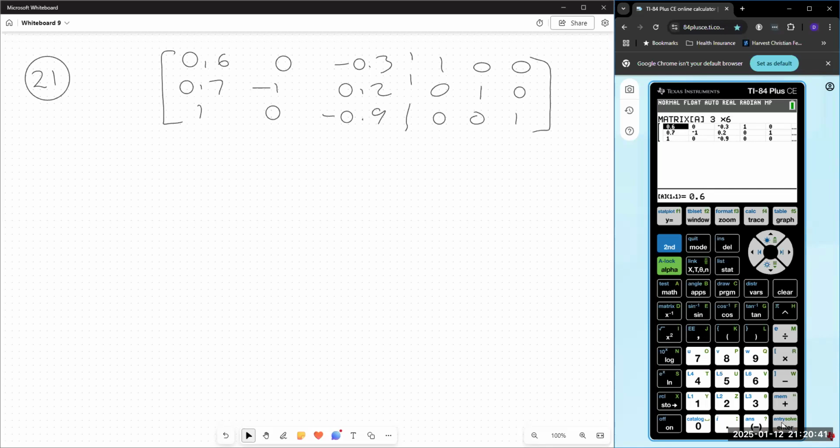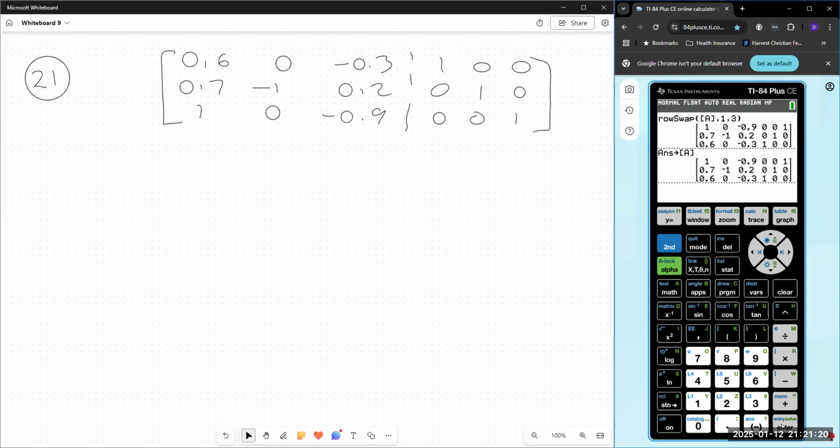So let's go ahead and write down all the steps this time. I neglected to do that the first time that I was using the calculator, but let's go ahead and, second matrix, let's go ahead and math. Let's swap in matrix A row 1 and row 3. So 1 and 3 are swapped, and I'm going to make a new matrix A from that.